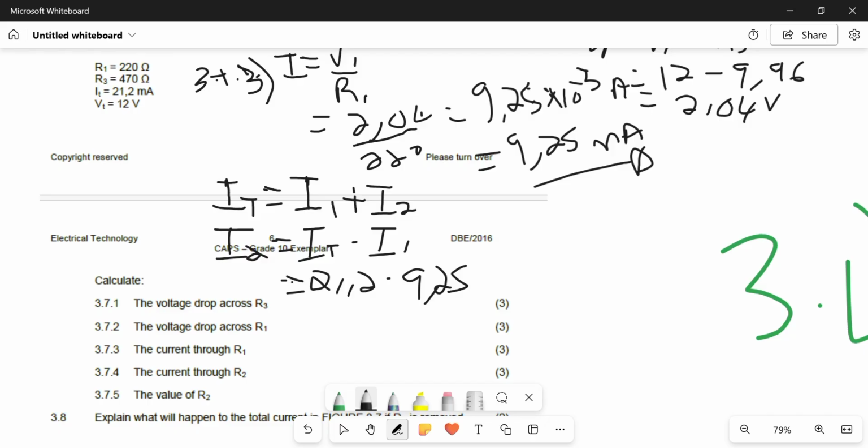Someone will ask, why didn't you convert this time? Because they are all in milliamperes, so there's no need for me to convert. They are all in the same units.